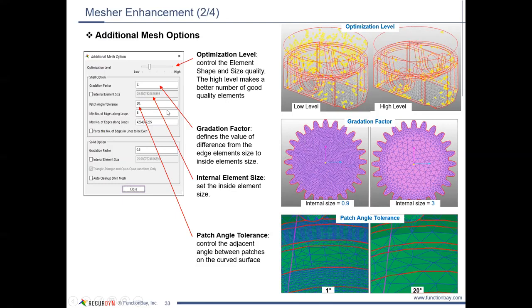I assume this is a gradation factor of 1. Then further to the right, on this mesh, we do have the gradation factor with a value greater than 1, and also set the internal element size to a certain value.